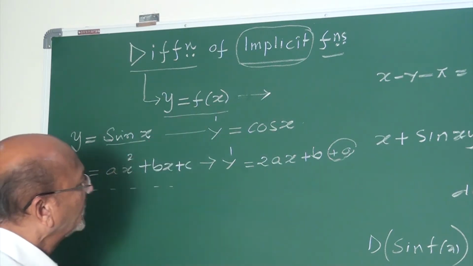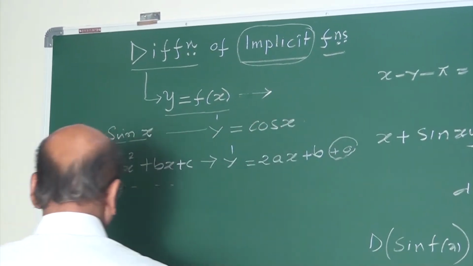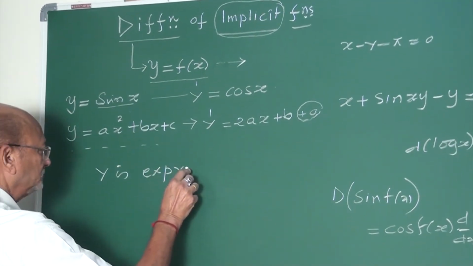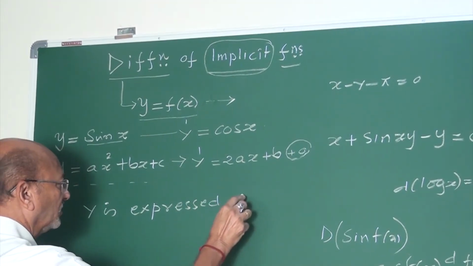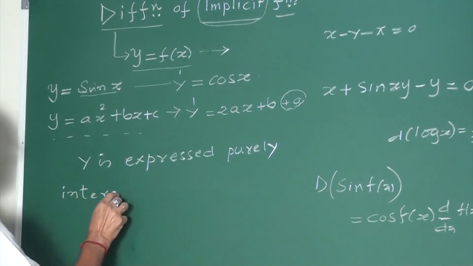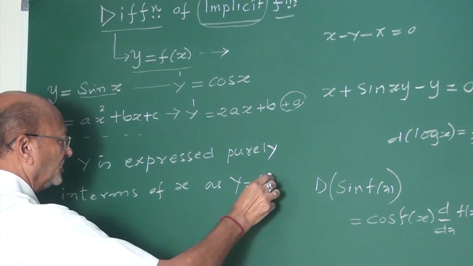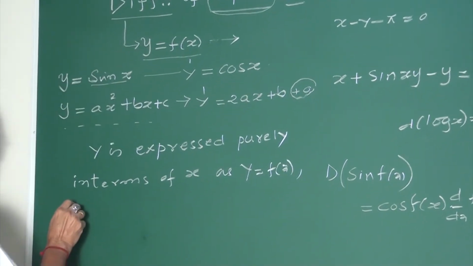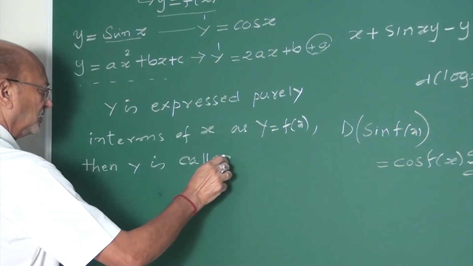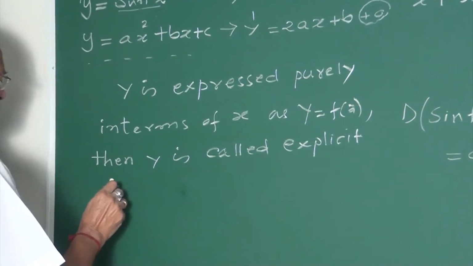If the variable y is expressed purely in terms of x, such as y equal to f(x), then, my friends, y is called an explicit function of x.